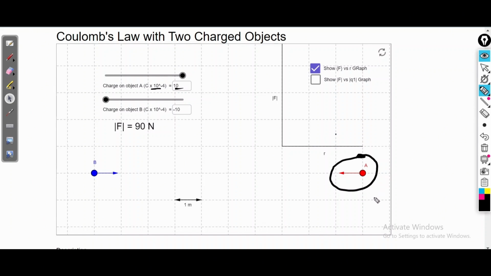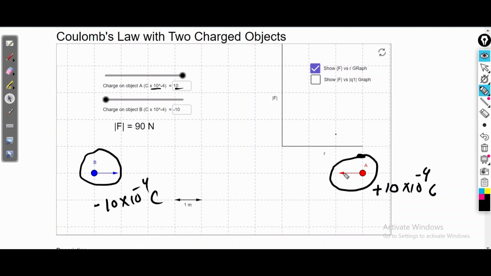So the number of positive charges is 10, multiplied by 10 raised to the power minus 4 Coulomb, and the charge on this object which is labeled as B is minus 10 multiplied by 10 raised to the power minus 4 Coulomb.